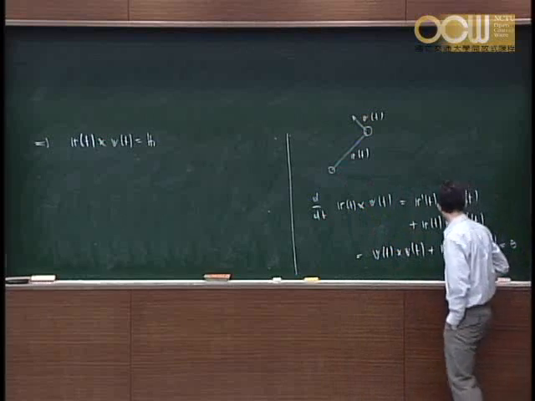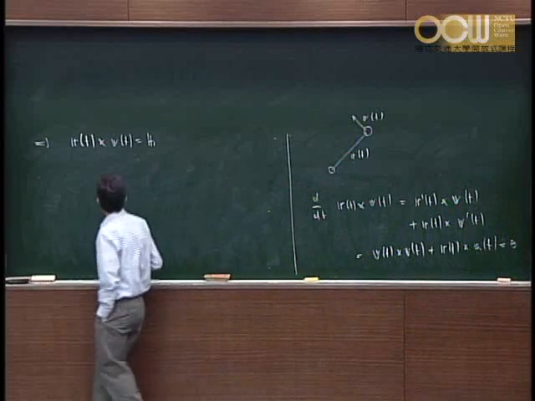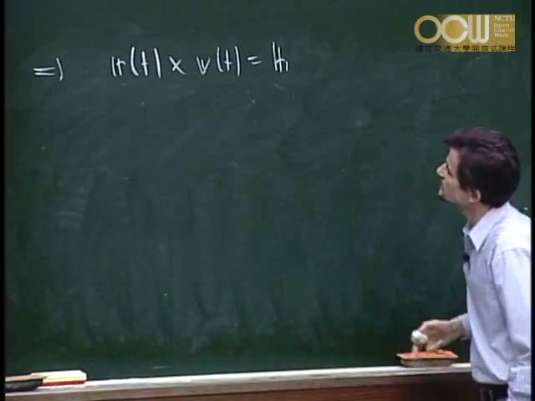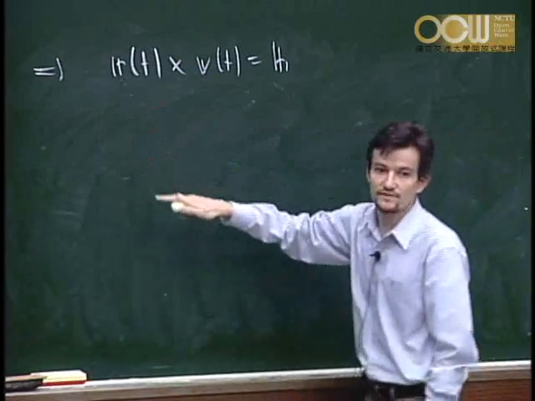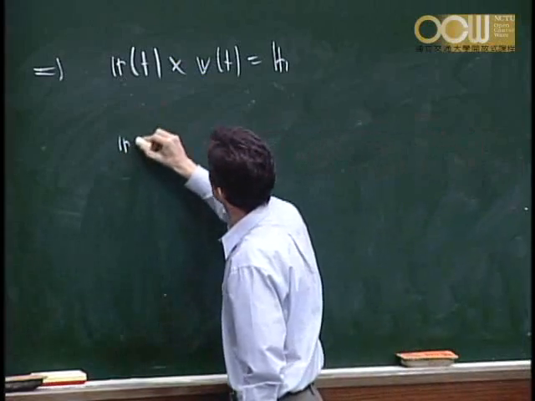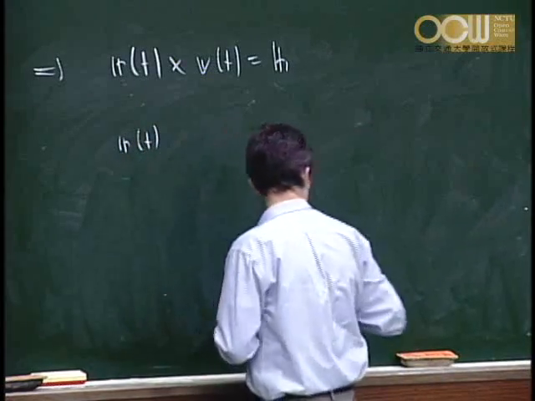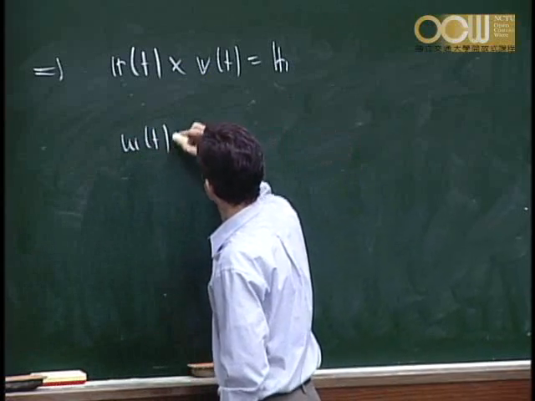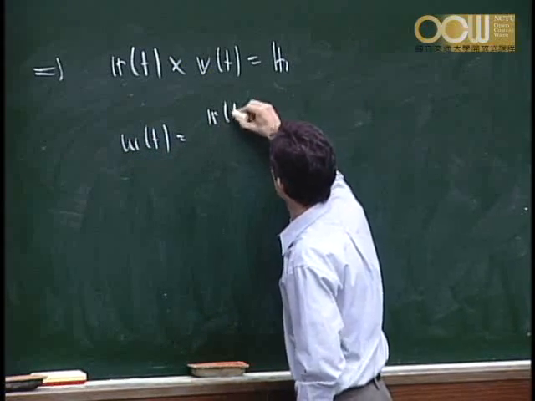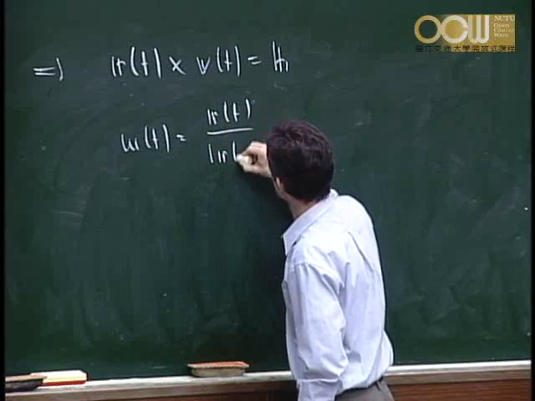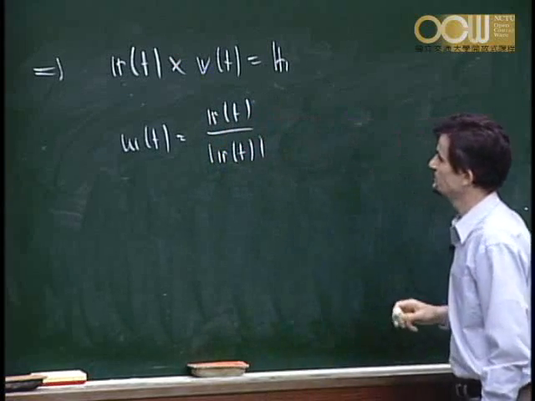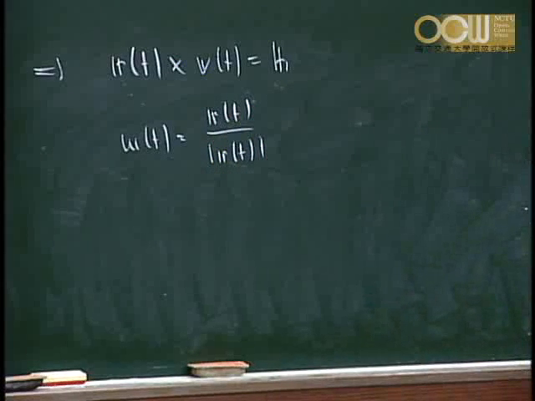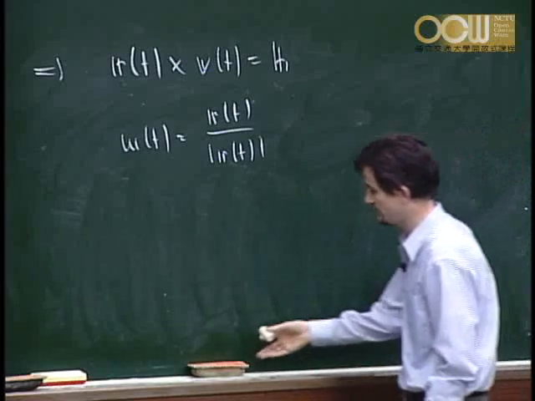Now, in order to go on, what I do next is introduce the corresponding unit vector, which I denote by u of t. So u of t is equal to r of t over the length of r of t. For the length I wrote r, if you look at the way I wrote the gravitational law before.